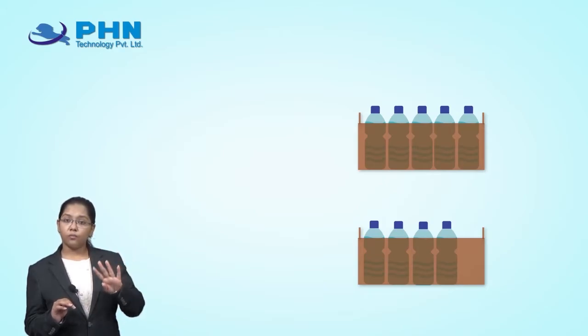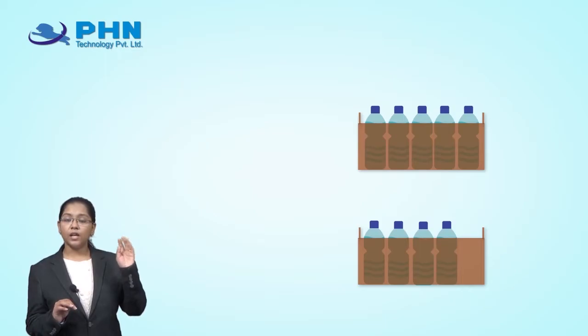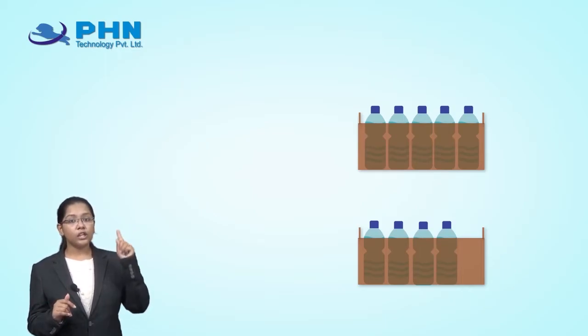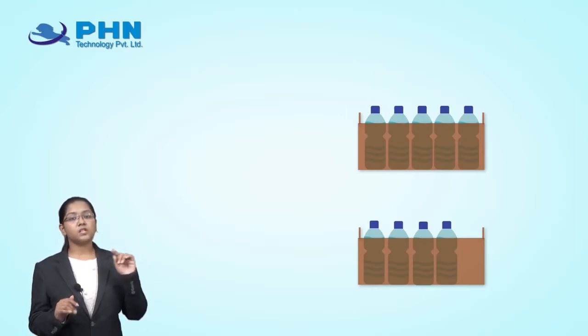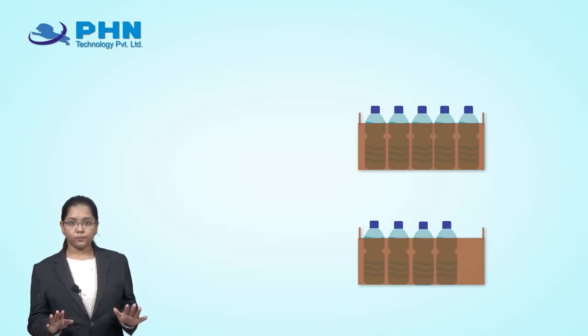Now 4 is my limit that I have specified, so it is filled. But my base is 5, so here 1 space is remaining. Will another box appear now? No. So this is what your Goto keyword is.